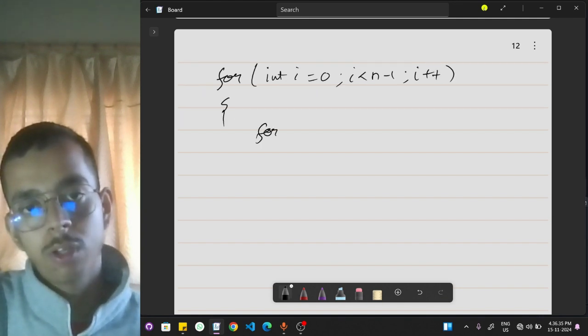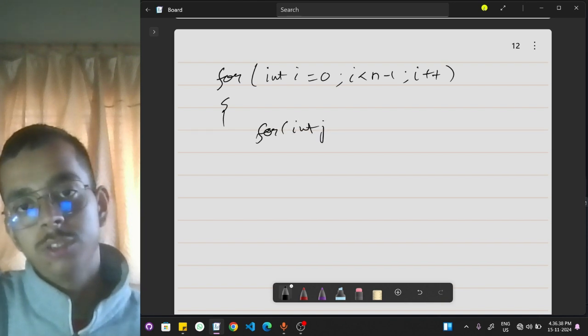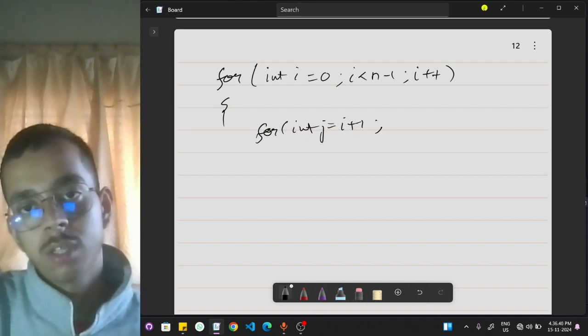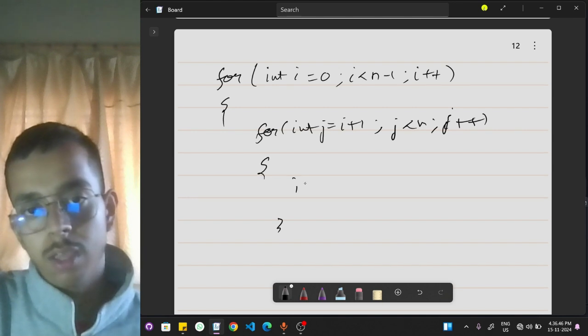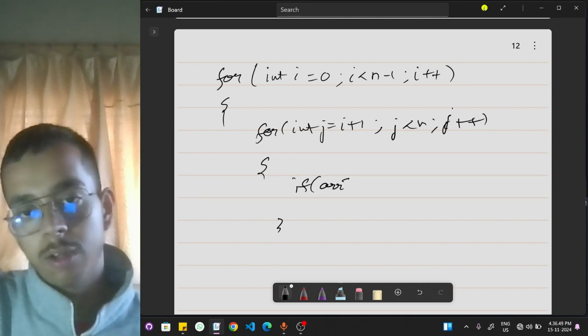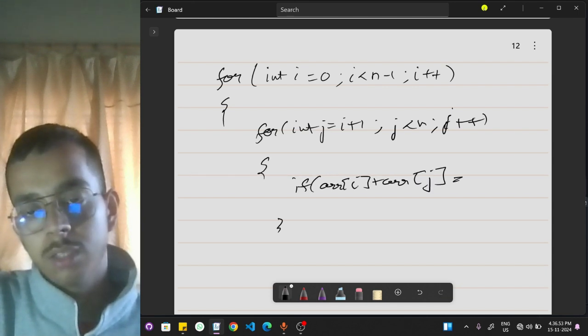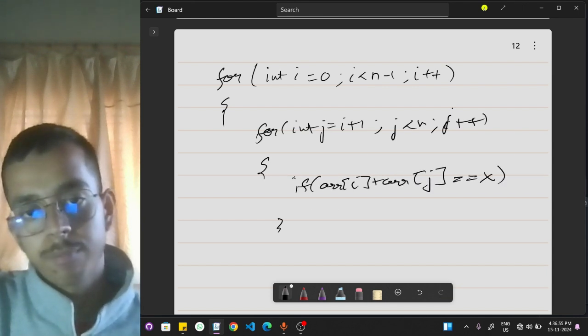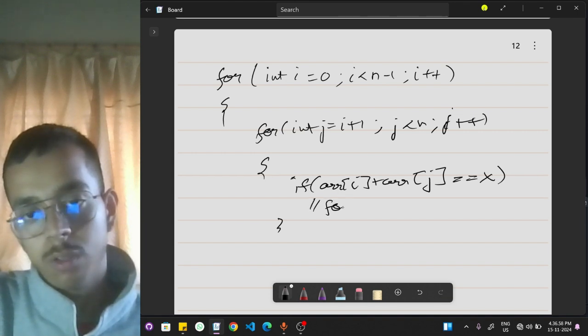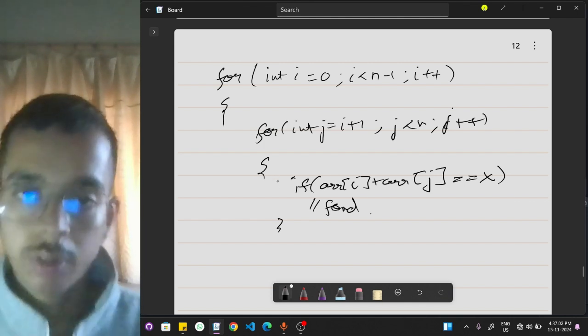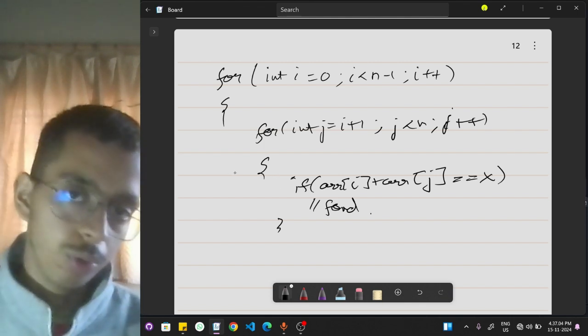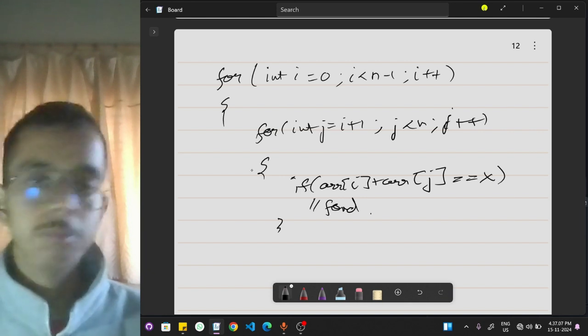Then for j equals i plus one, j less than n, j plus plus, then if arr i plus arr j equals x, found. Okay, so that's the first algorithm, and this is how you are going to implement it.